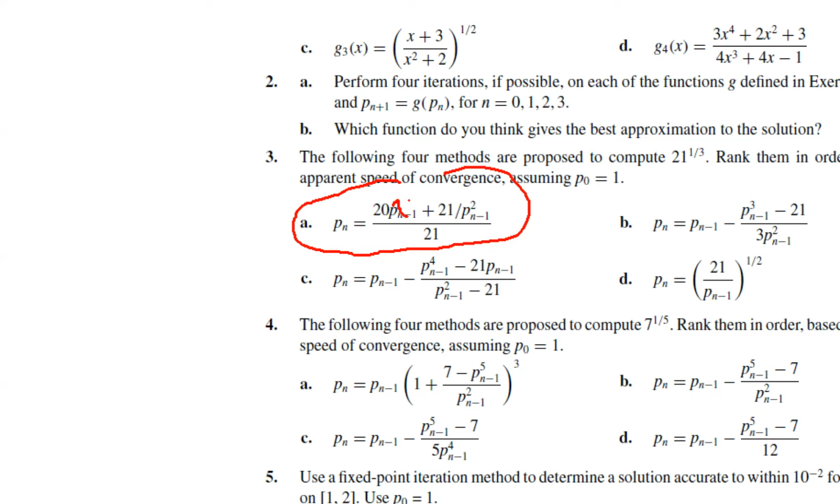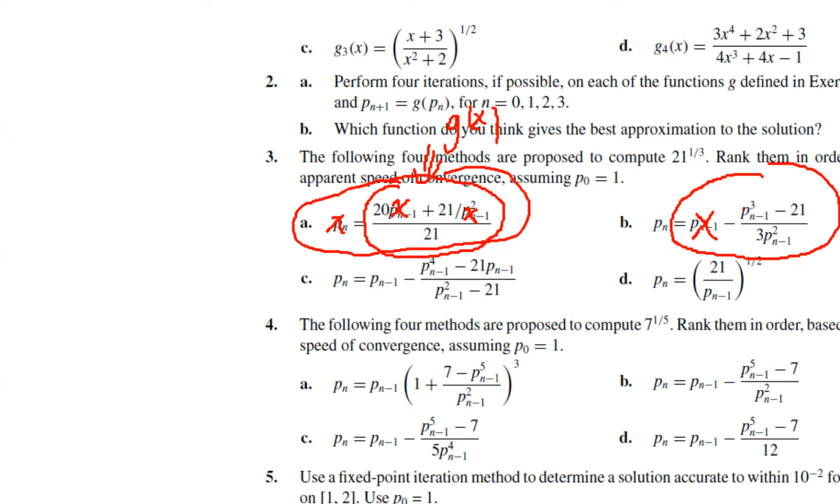Just think of these pn's as x, right? So this is your g of x. That's what I would type in my program. Similarly, the next one would be my g of x. I just change those p's to x, and I get my g of x. This will be my g of x again. Same thing for the other two.